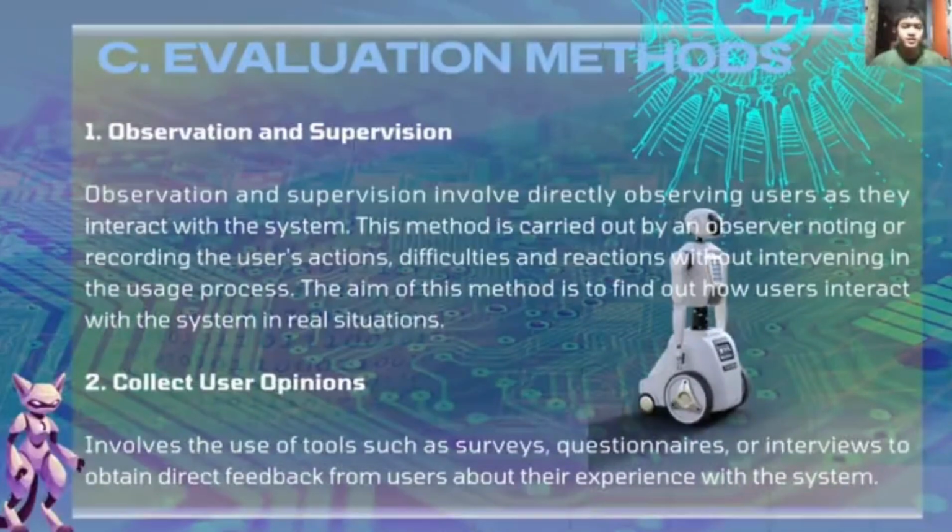First is observation and supervision. Observation and supervision involve directly seeing users as they interact with the systems. This method is carried out by an observer noting directly, such as recording the user actions, difficulties, and reactions without intervening in the user process.